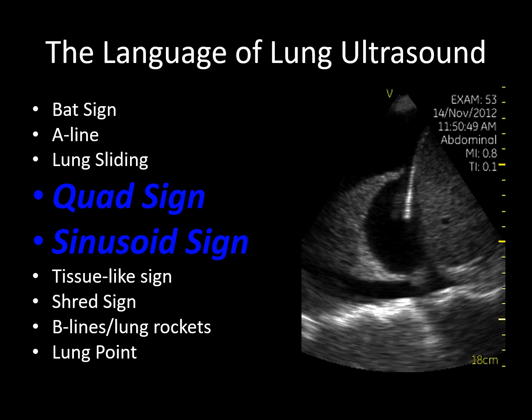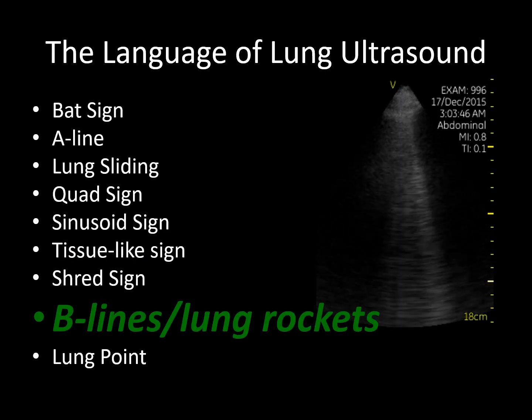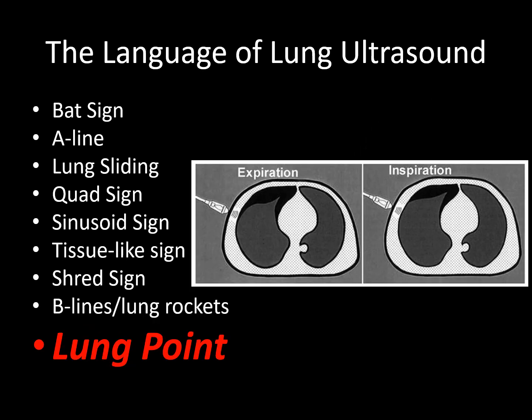The quad sign and sinusoid sign identify pleural effusions. The tissue sign and shred sign describe consolidation and atelectasis. B-lines are present in all causes of interstitial syndrome. And the lung point is specific for pneumothorax. We'll discuss each of these signs in more detail.